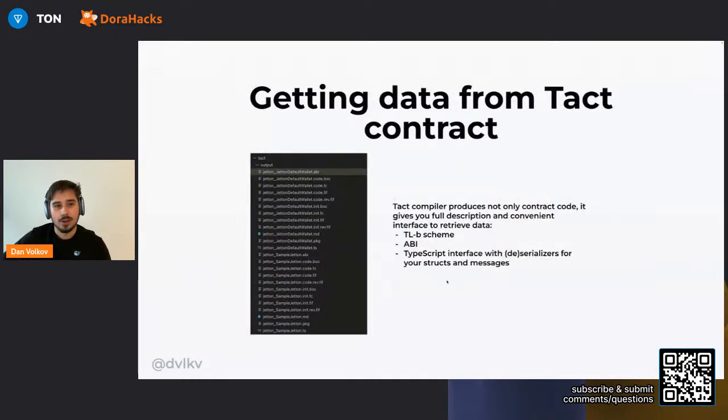Getting data from a Tact contract is very, very much easier than from a fancy contract. Because the Tact compiler produces not only contract code, it gives you TLB, ABI, a TypeScript interface, and even simple documentation with TLB.